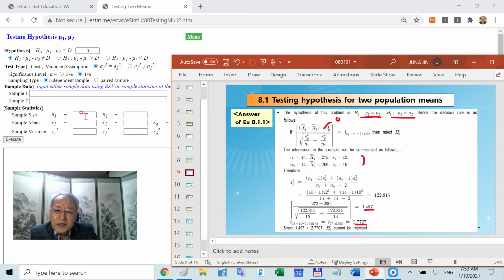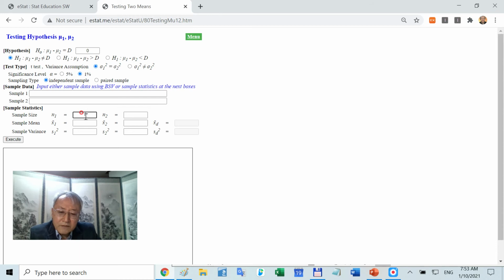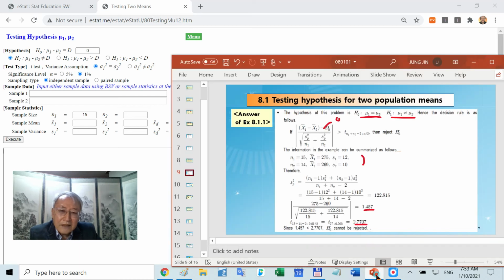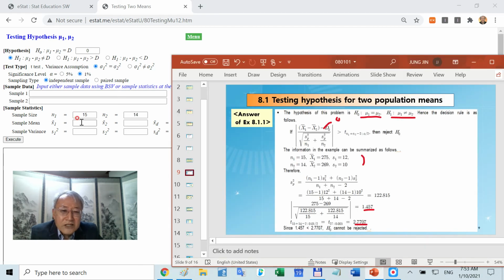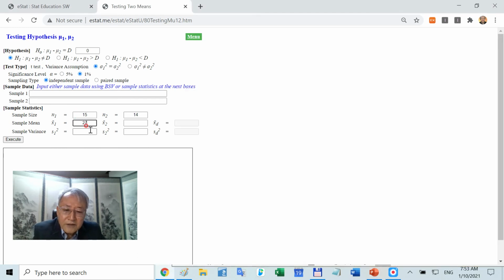N1 is 15, and then N2 is 14, and then the sample means 275 and 269.